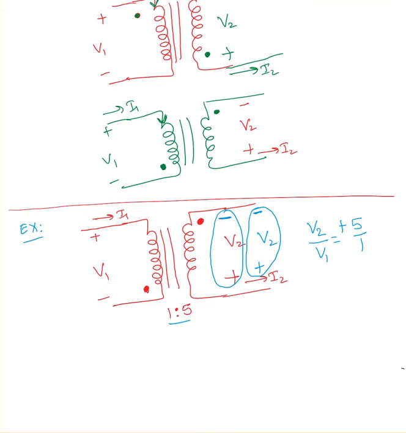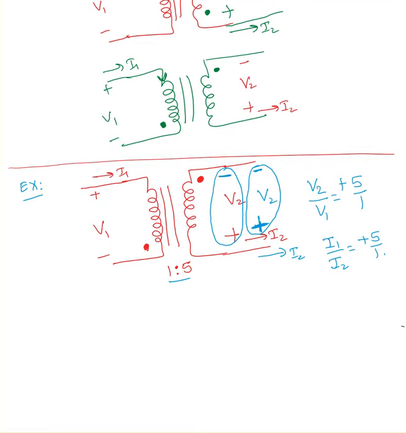Now, the current I2 is supposed to leave the positive terminal all the time, whatever the positive terminal you assume. So my I2 is leaving that terminal, so basically I1 over I2 is also going to be plus 5/1.